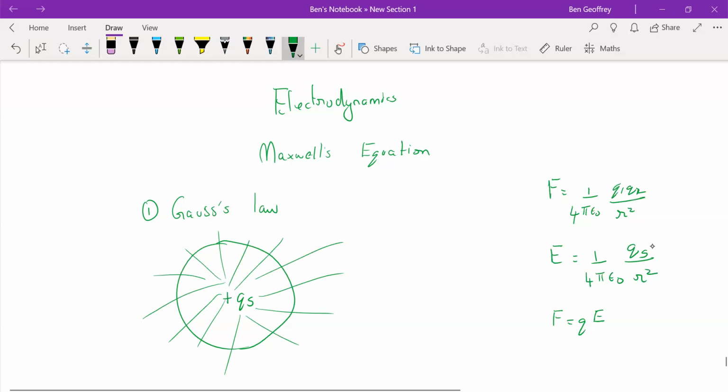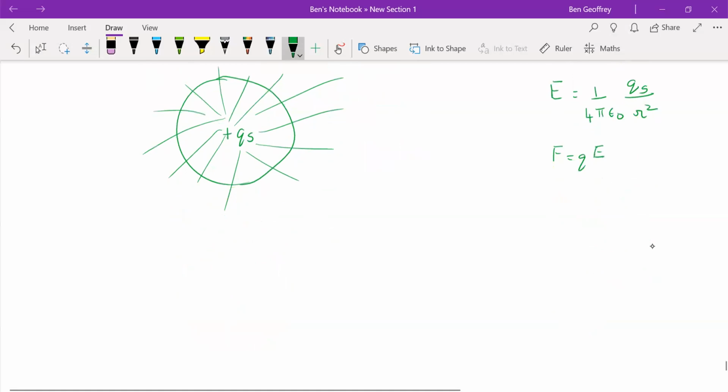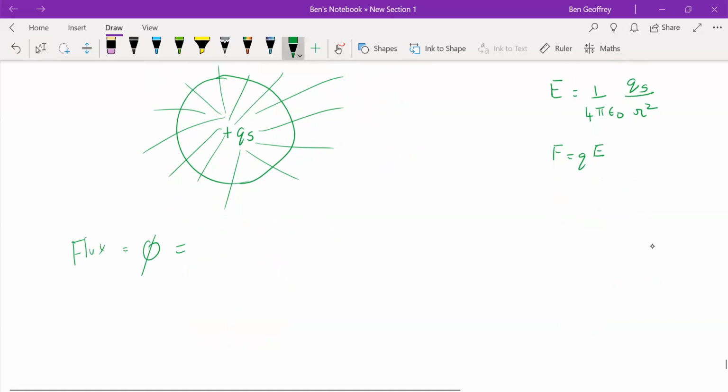If the lines are denser, it means the electric field is stronger. Mathematically, this phi is the flux, which is nothing but the integral of E dot dA. This captures all the field that is coming out.